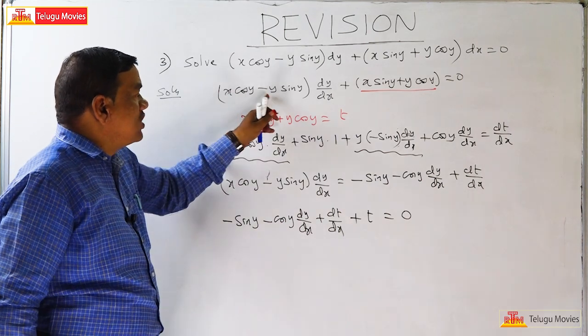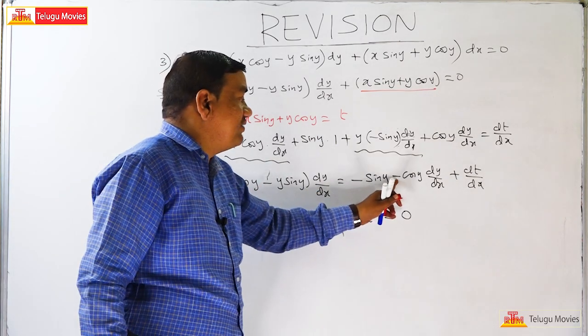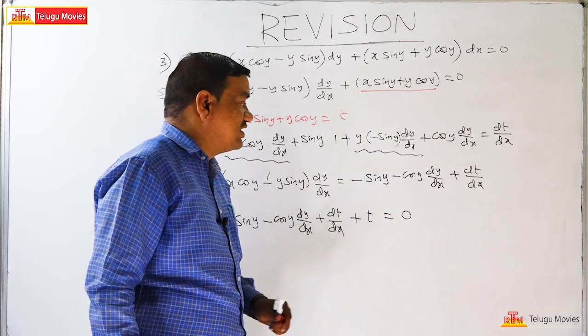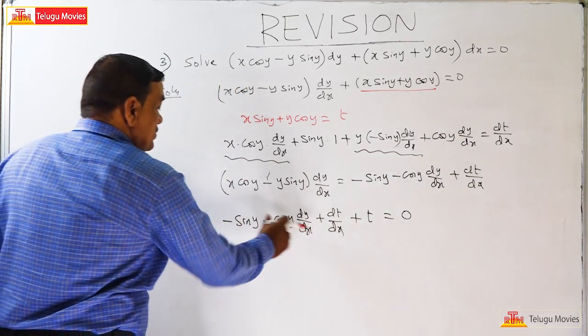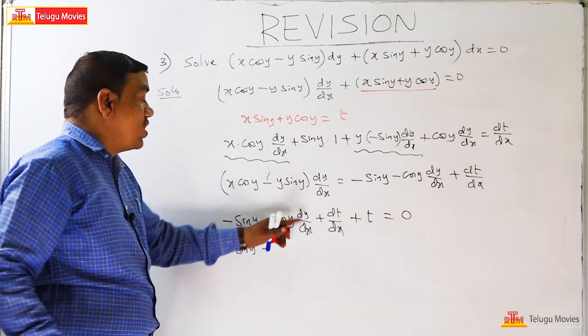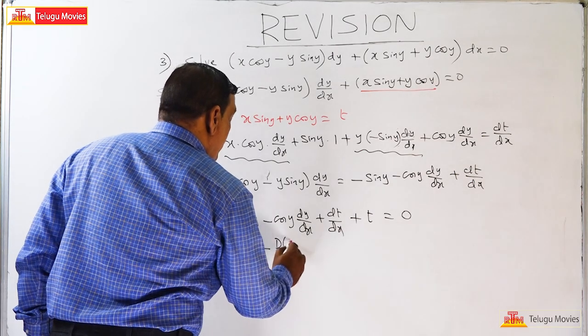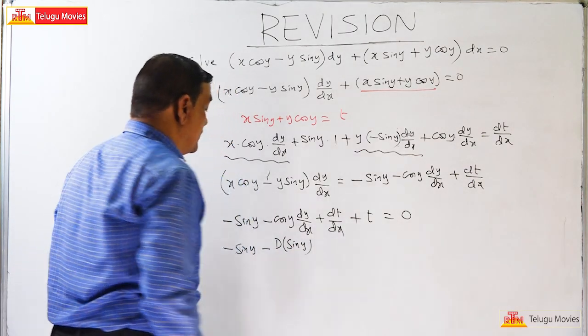So up to here, x cos y minus y sin y dy by dx, we made it as minus sin y minus cos y dy by dx plus dt by dx. See once, check here: minus sin y, this is cos y dy by dx. Now can I write this as the derivative of sin y?